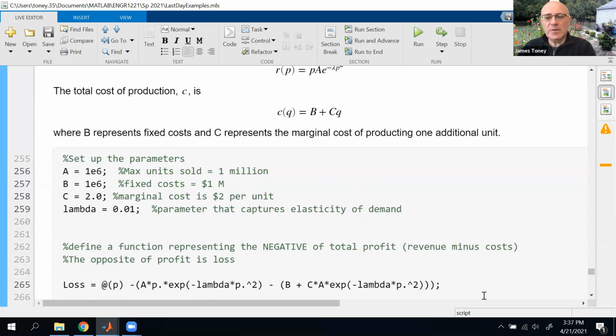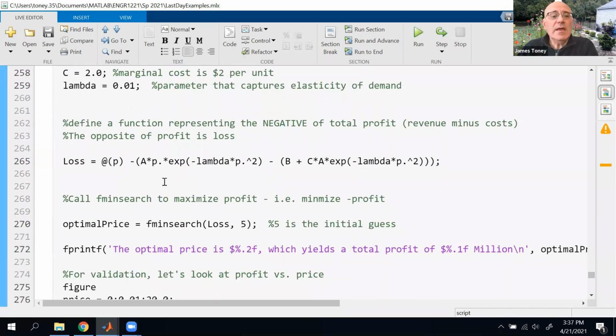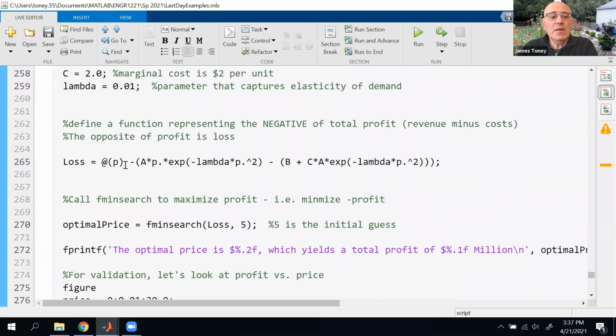All right, so now I have to have some numbers, and actually determining those numbers would be the hard part. But let's just pick some numbers for A, B, C, and lambda. And just based on these equations, if I take the revenue minus the costs, that would give me the profit. Or if I take the negative of that, then I'll have the opposite of profit, which would be loss.